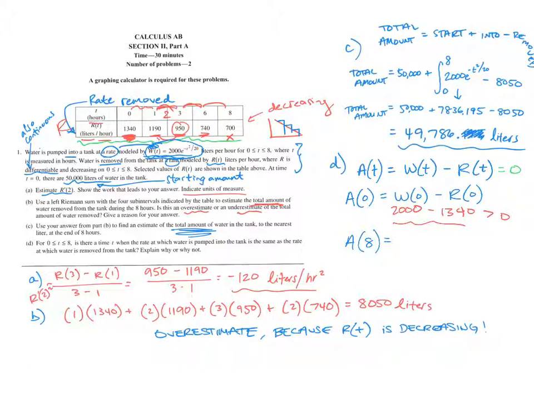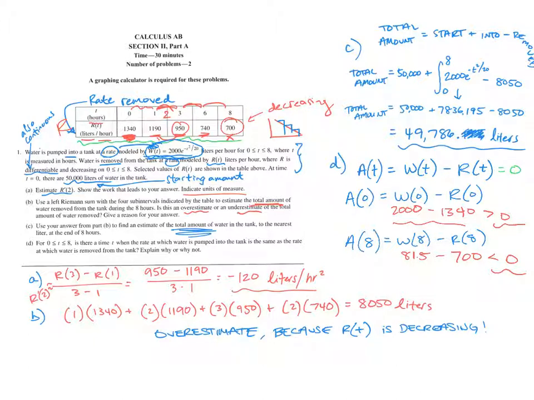After plugging that in, W(8) was 81.5. And then R(8) is on our table up here. R(8) was 700. And that's going to be a negative number. I don't feel like doing the math, but I know that's going to be less than 0.